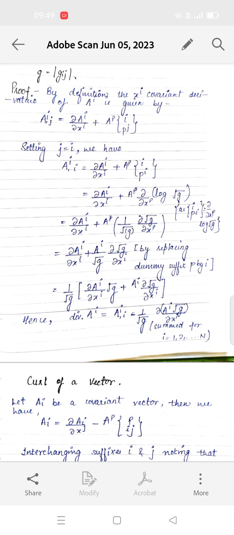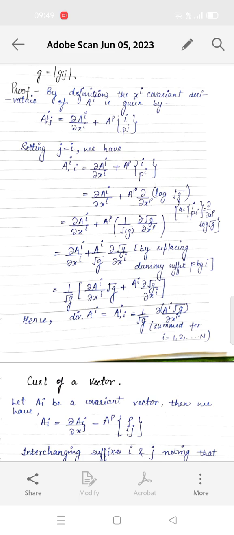So equating it further and replacing the dummy suffix p by i, finally we will get 1 upon root g in bracket del A^i by del x^i root g plus A^i del root g by del x^i.